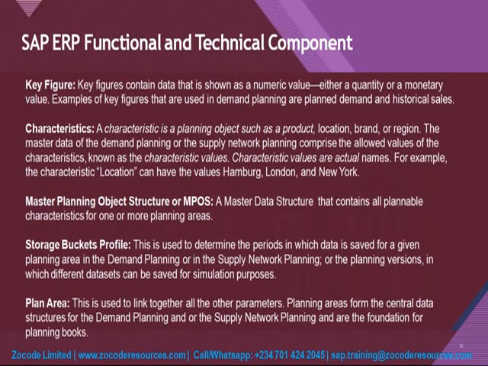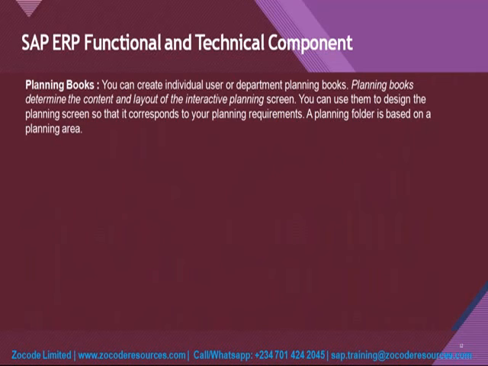Because you also have what we call the planning book. You have seen all these things. So when we go into the SAP system now, you're going to recognize them because we used them in the last class.